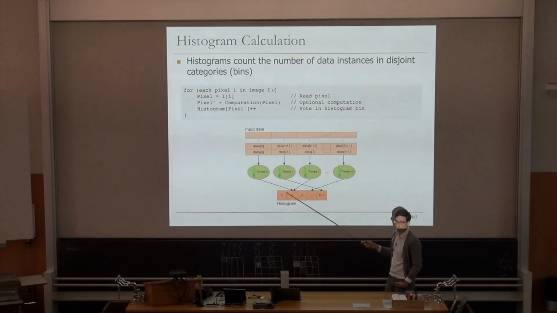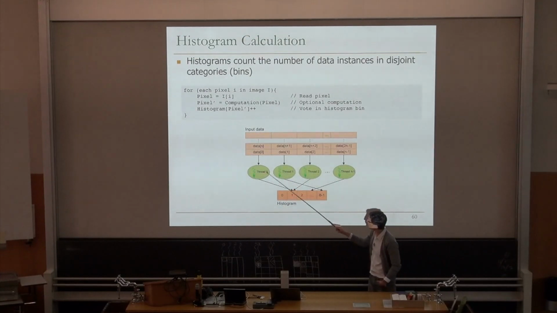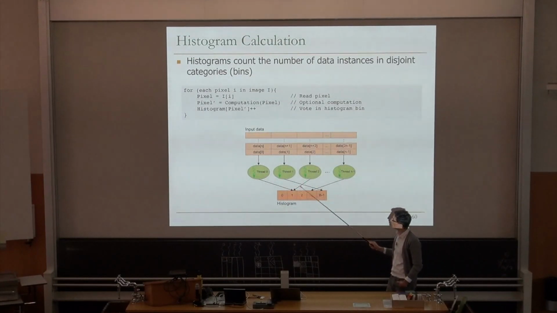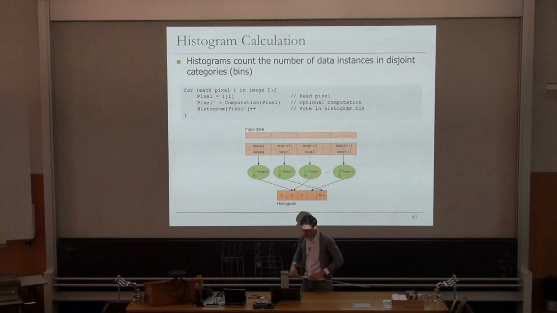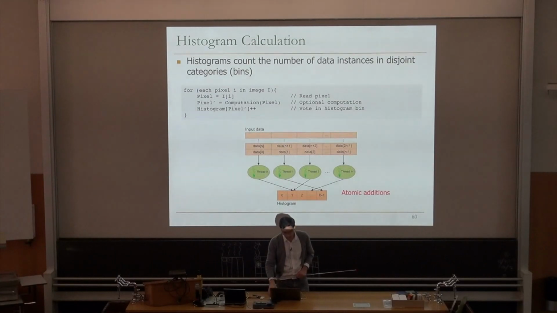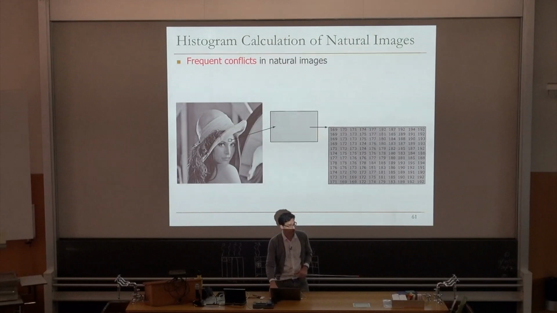In this particular picture, you see that thread 0 and thread 2 need to update the same histogram bin 1, so they will produce an atomic conflict. We need to use atomic operations here for sure.